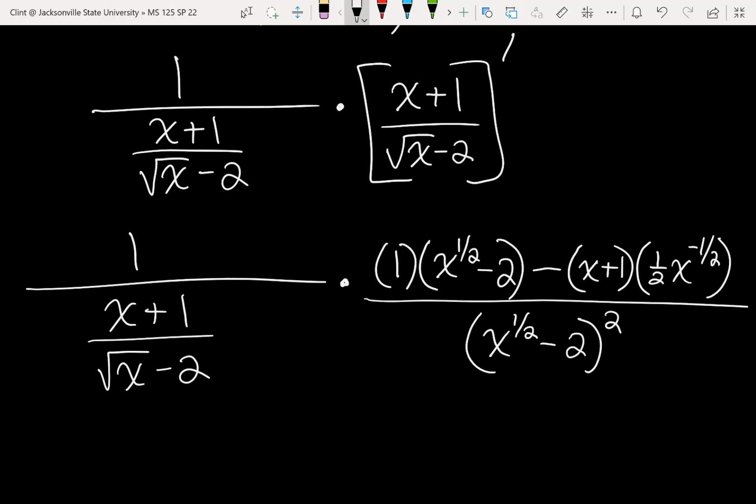Does that look right? Let me double check. I'm taking the derivative of this piece, right? So it'd be 1/2 and then negative 1/2.